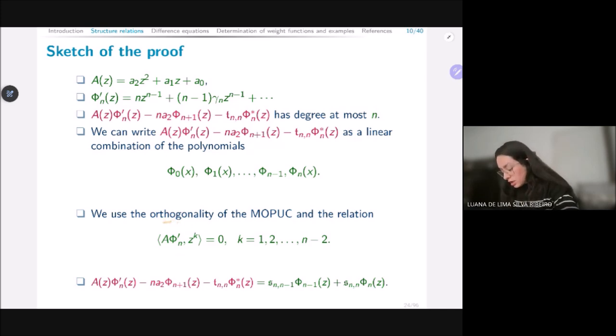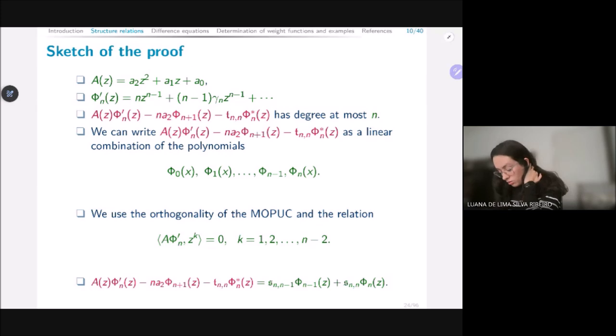And then using this orthogonality and this one, the coefficients of these terms vanish, and we just need the polynomials of degree n minus 1 and n. So this polynomial here of degree at most n can be written in this form. Then the rest is to find the explicit values of these three coefficients. But the general idea is just using these two orthogonality properties.